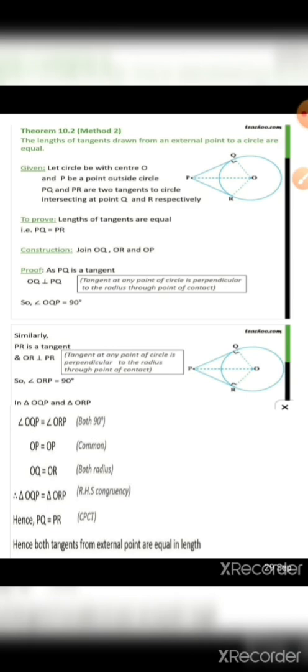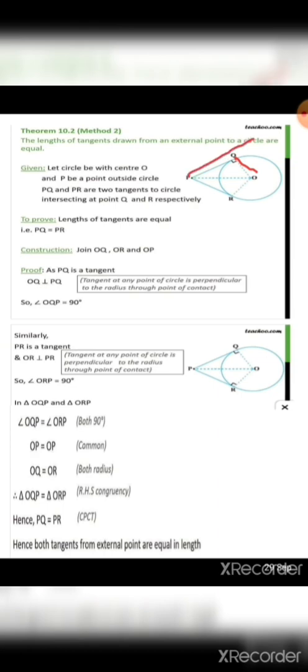First, from theorem number 1, the tangent at any point of the circle is perpendicular to the radius through the point of contact. Here you see OQ is the radius and PQ is the tangent.